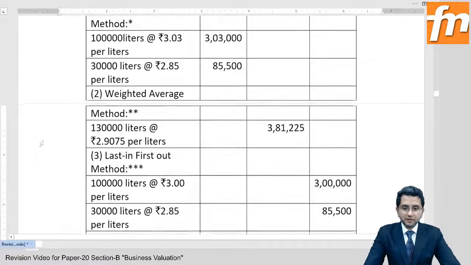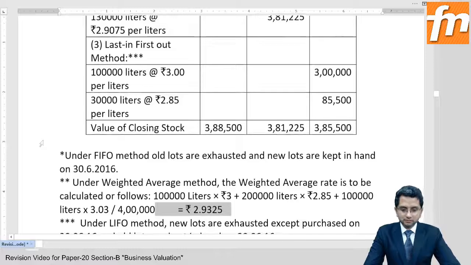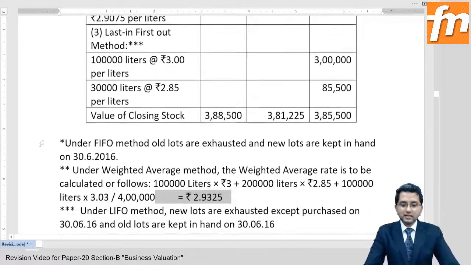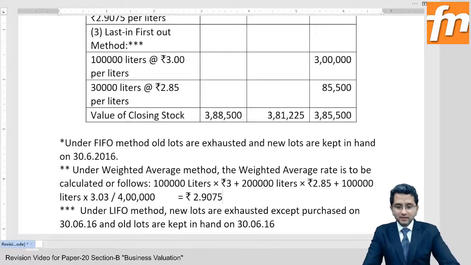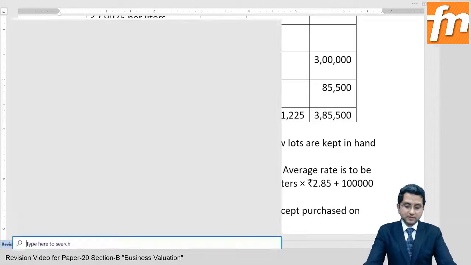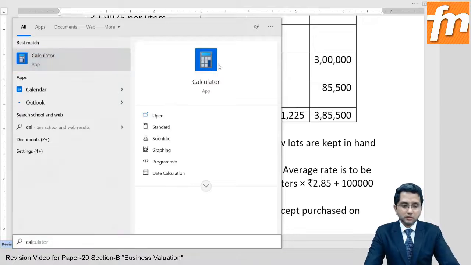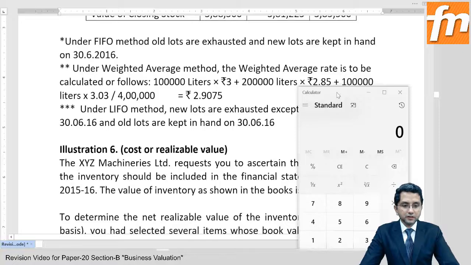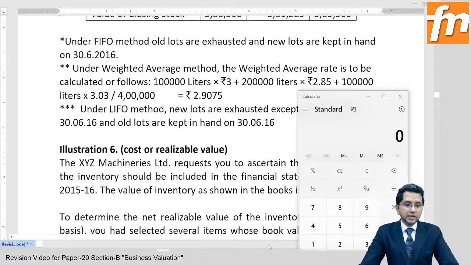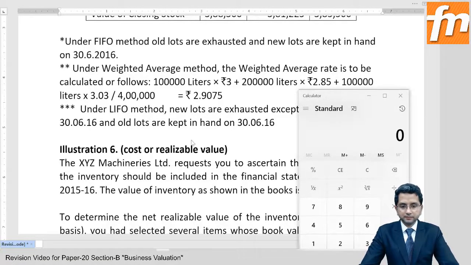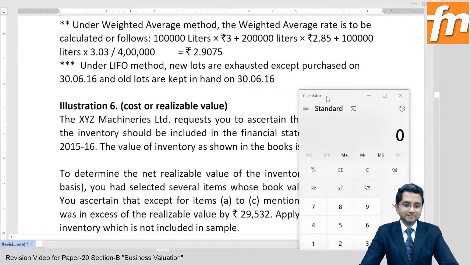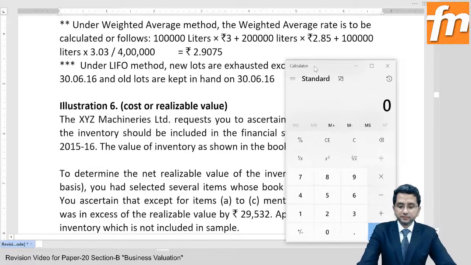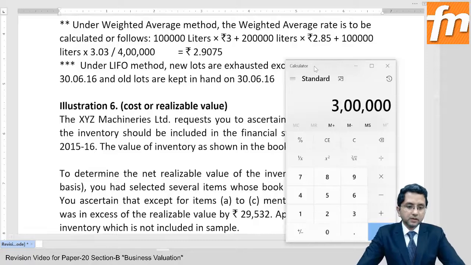2.9325. Let me check. Is it 2.9? I think this is 2.9075. Let's cross check this. So this is simple. First of all, 3 lakh rupees I should take. 3 lakh rupees I'll keep in memory.